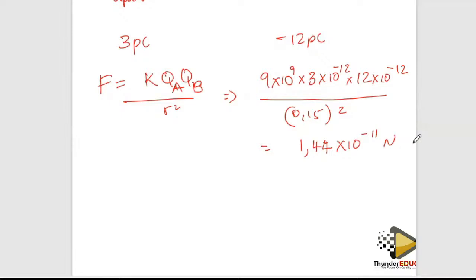Because I'm having 14.4 times 10 to the negative 12, which means when I simplify it further, I should be able to end up with that. I don't know, guys, what you're having, but that's what I get.